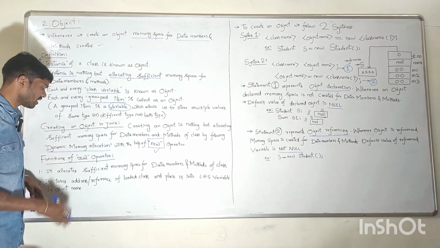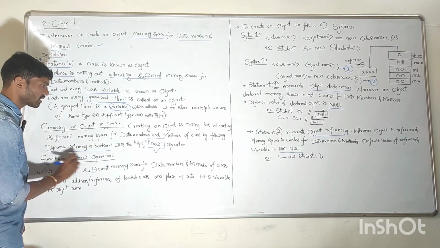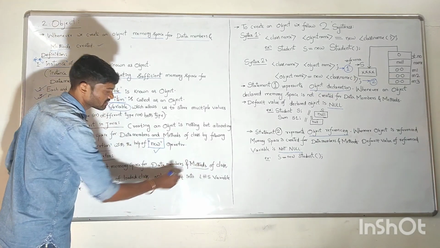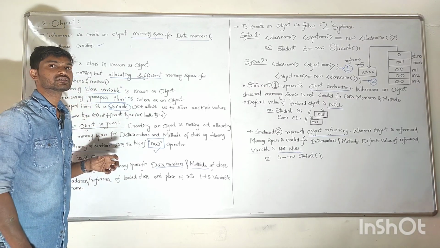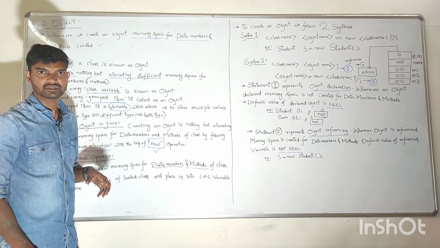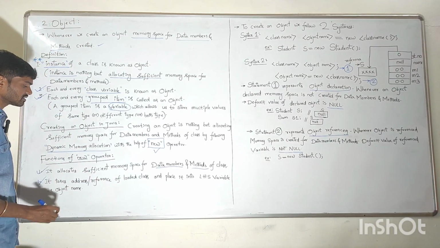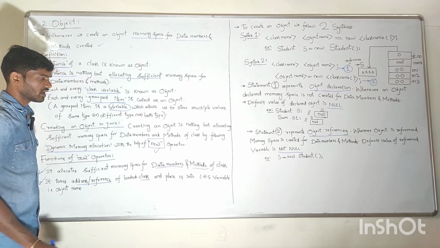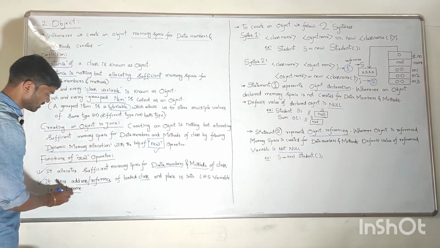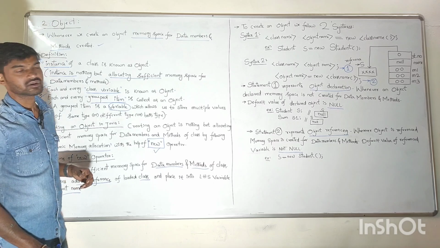The new operator always allocates a suitable amount of memory space for data members and methods of a class. And the second functionality is that it loads the address of the particular class and places it into the object name. These are the two fundamental functionalities of the new operator.